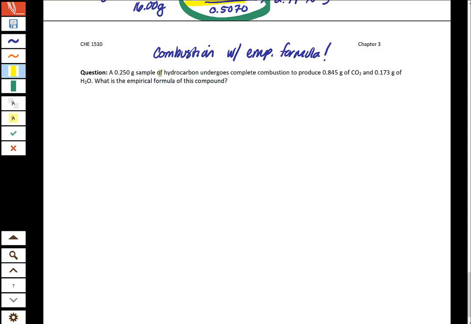See how it says you have a hydrocarbon that undergoes complete combustion, and then it gives you carbon dioxide and it gives you water. So in this case, you have to start your empirical formula problem differently.